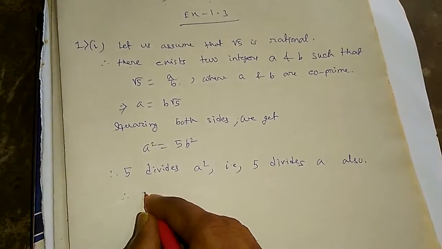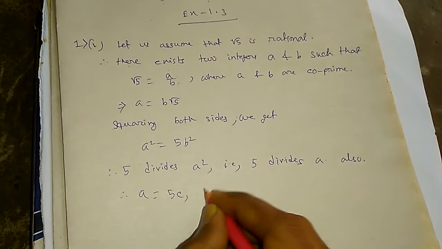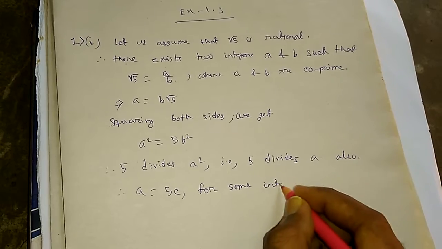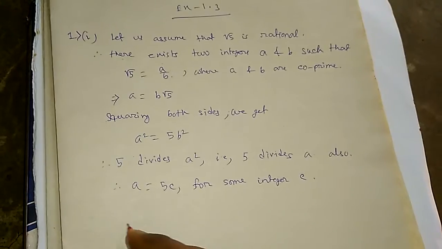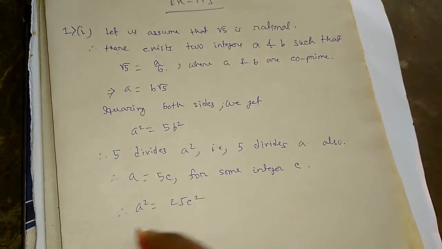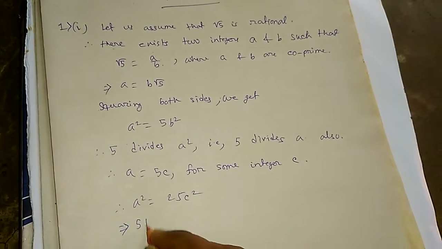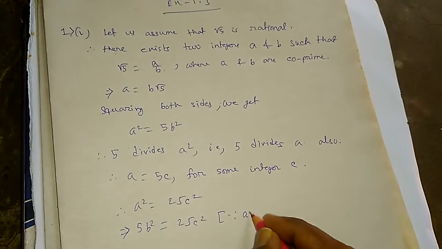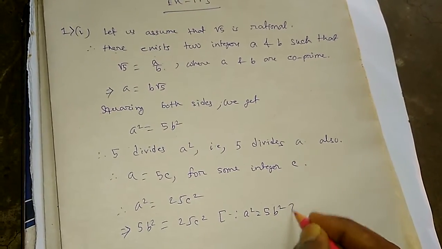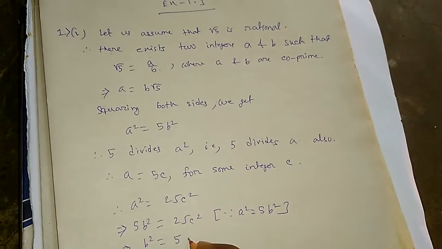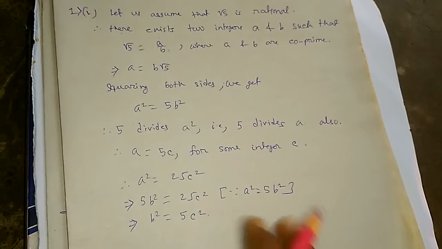So a equal to 5c for some integer c. Therefore a square equal to 25c square, which implies that 5b square equal to 25c square, as a square equal to 5b square, which we have previously proved. Now cancelling 5 from both sides, we get b square equal to 5c square.